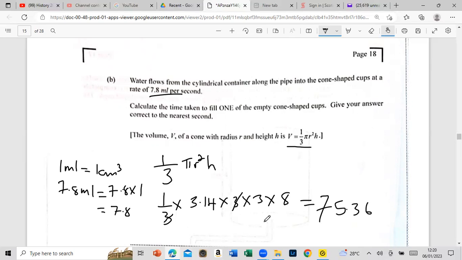So we're just going to divide this by 7.8. This is the volume when it's full, but this is the rate at which it fills up. Let me punch that in my calculator.